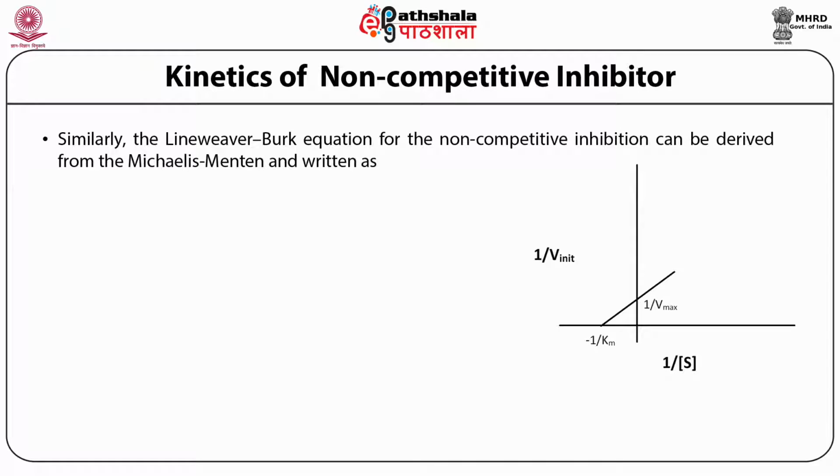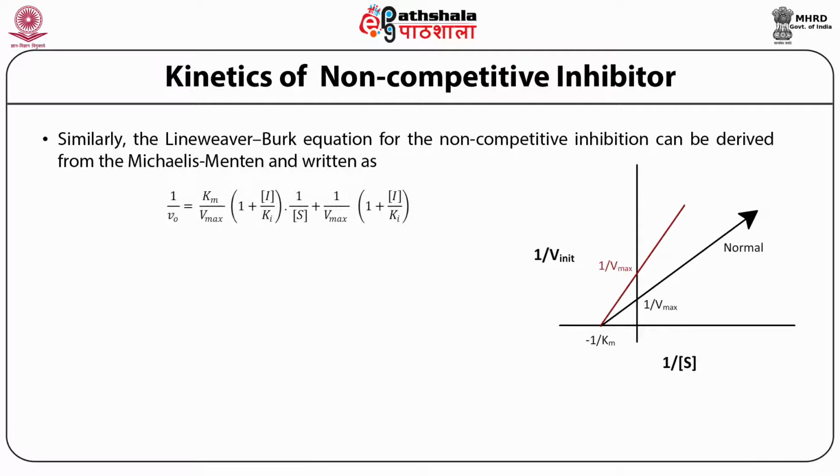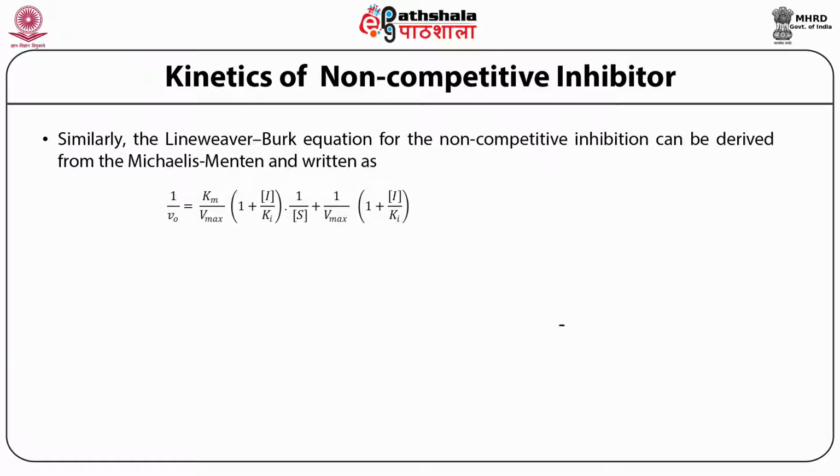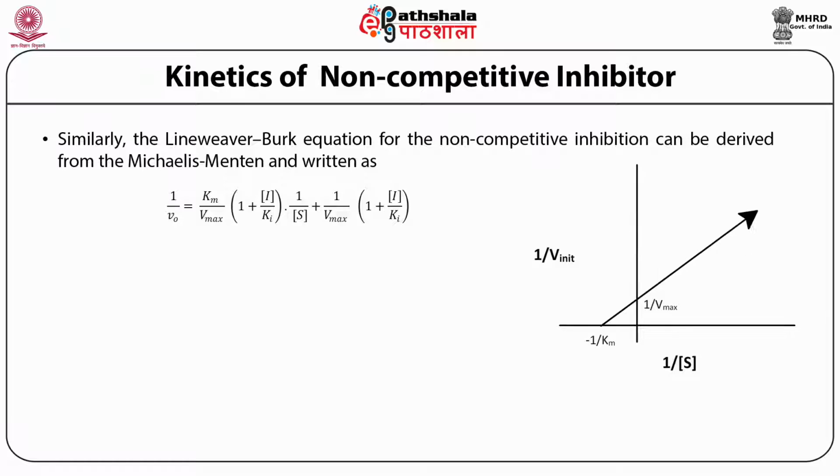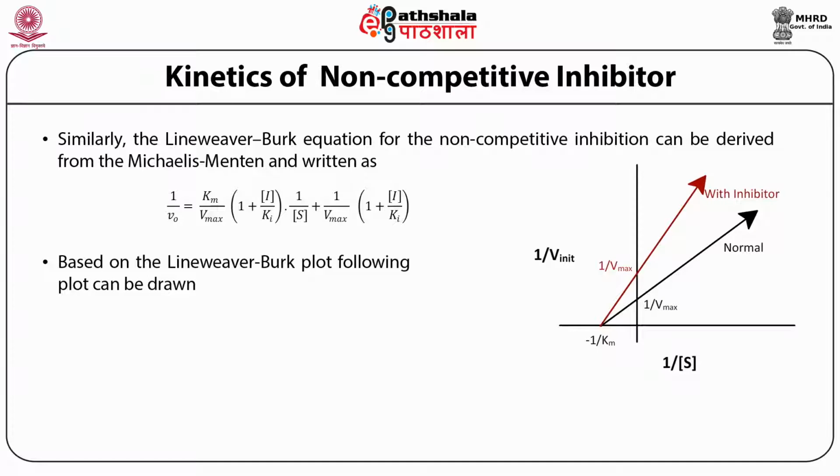Similarly, the Lineweaver-Burk equation can also be derived for non-competitive inhibition. And if you see this equation, it looks like 1 by V0 is equal to Km upon Vmax multiplied by 1 plus I upon Ki into 1 upon S, plus 1 by Vmax multiplied by 1 plus I upon Ki. So, based on the Lineweaver equation, the Lineweaver plot can also be drawn.